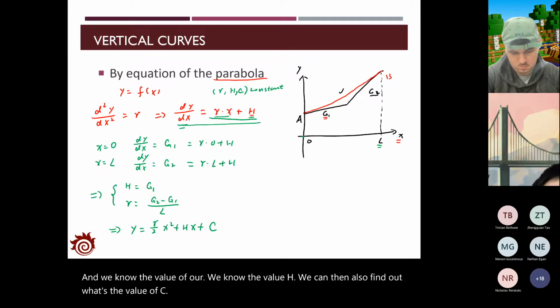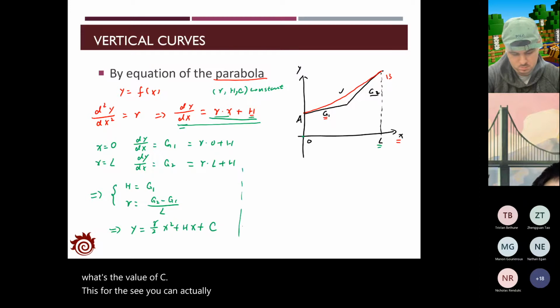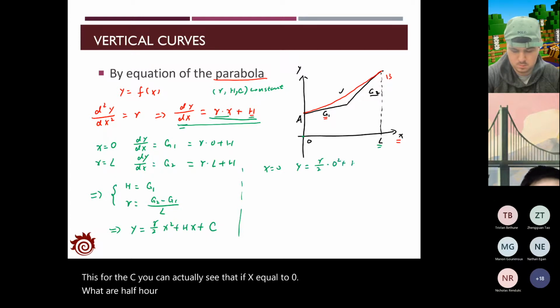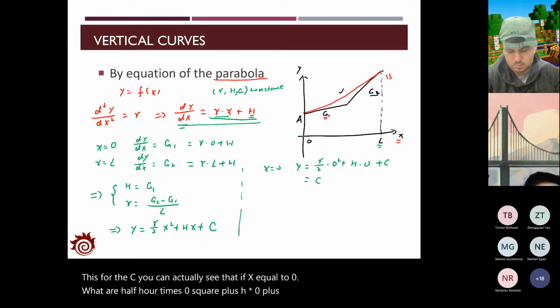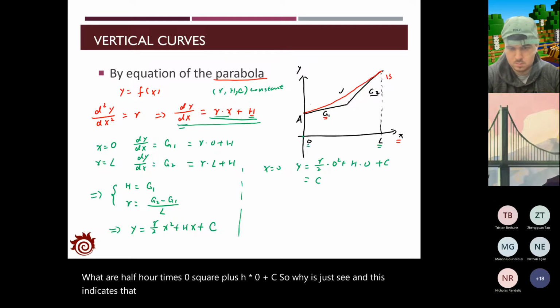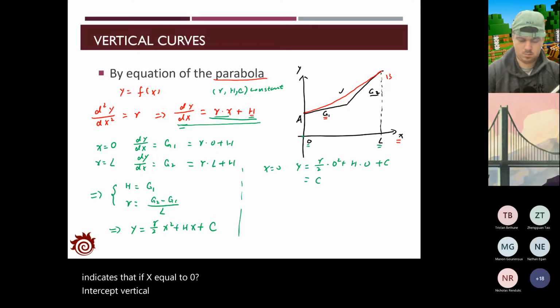For C, you can see that if x equal to 0, y will be half r times 0 squared plus h times 0 plus c. So y is just c. And this indicates that if x equal to 0, the intercept of the vertical curve to the y-axis is c.